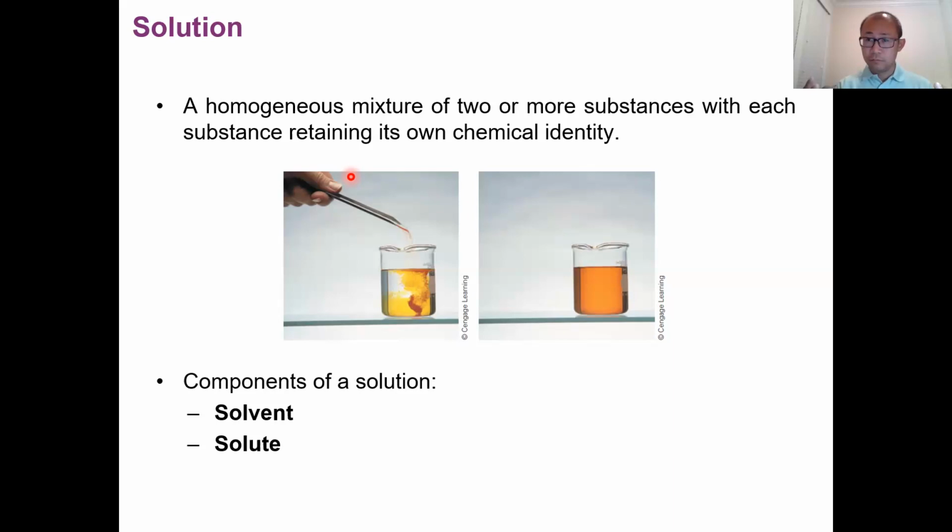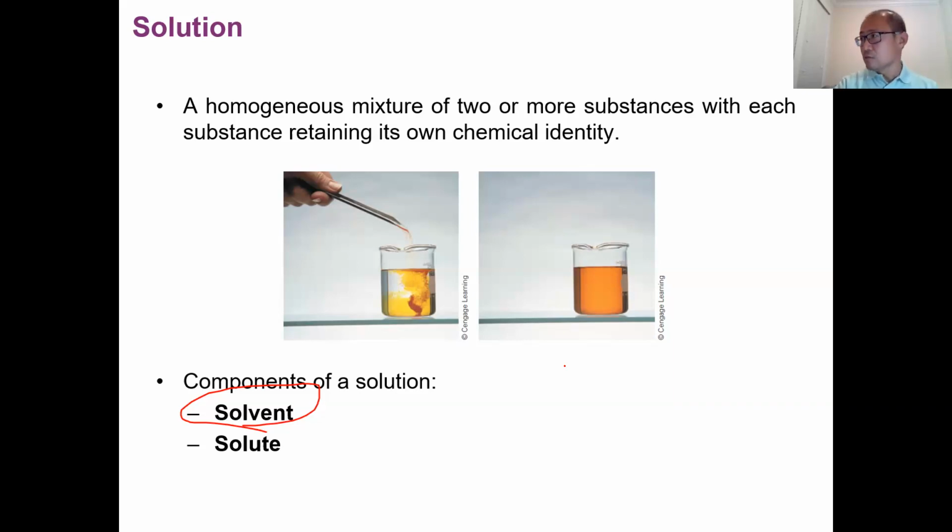Now, since we're learning about solutions, we have to give the components of that mixture their names. The component that exists in greater amount, we call the solvent of the solution.